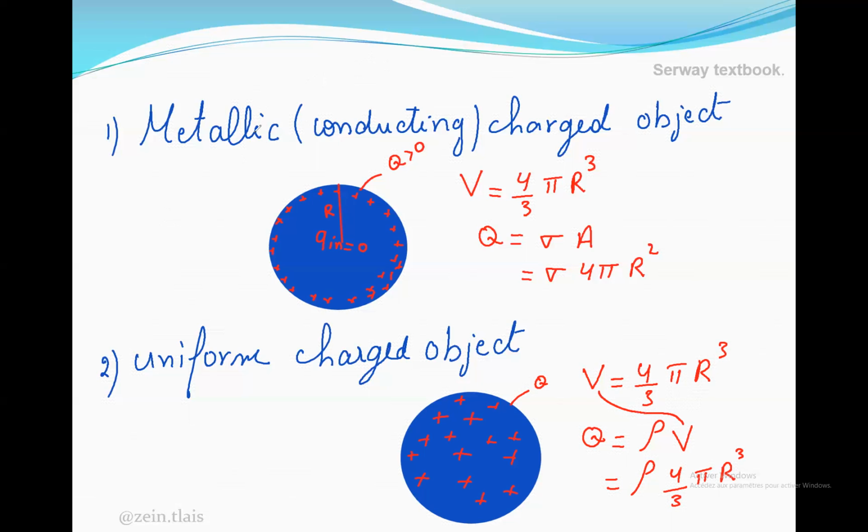We can take another example. Maybe you have a cylinder also. Let's say here we have a metallic cylinder.